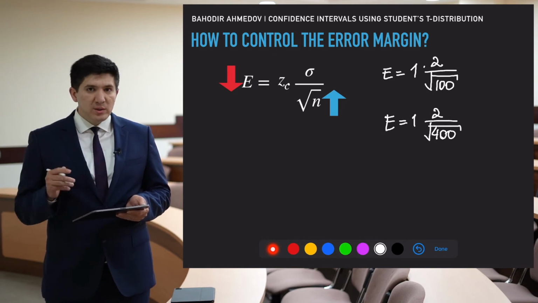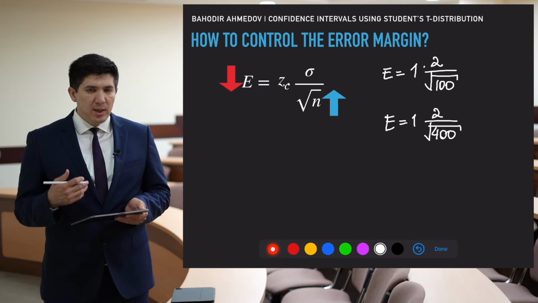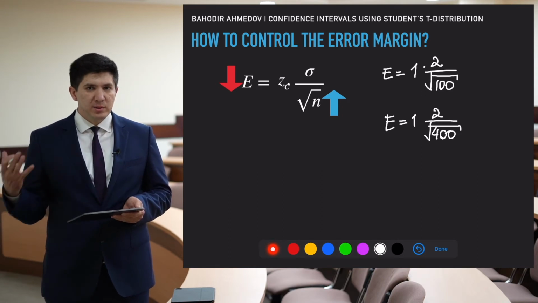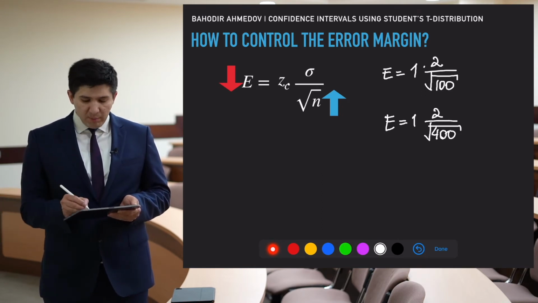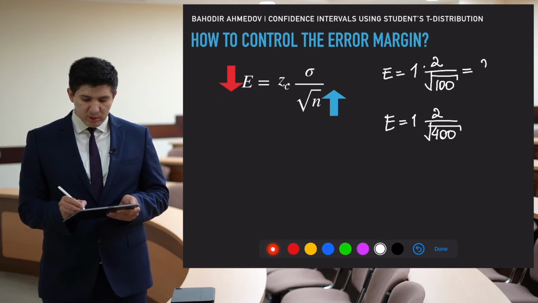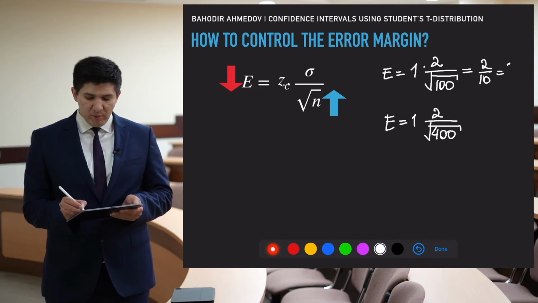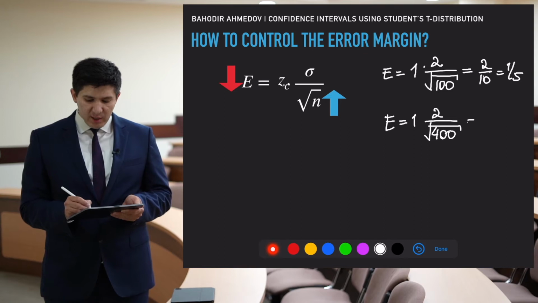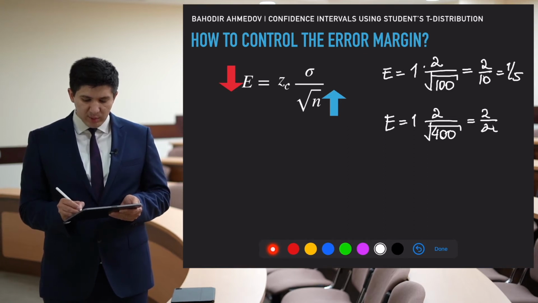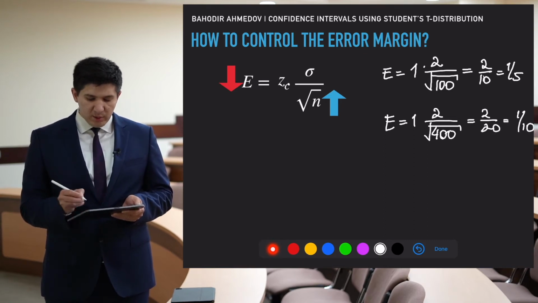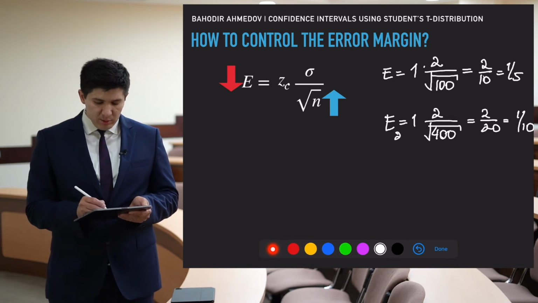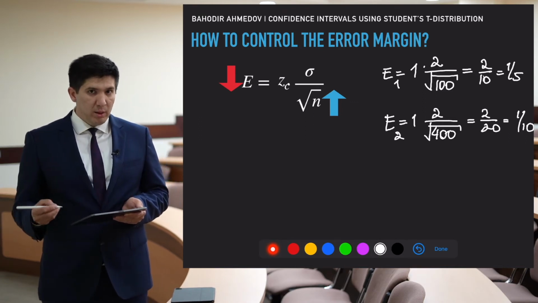In the second case, the sample size n is bigger. Calculating the first, it is 2 over 10, which is 1 over 5. In the second case, it is 2 over 20, which is 1 over 10. So E2 is smaller than E1.